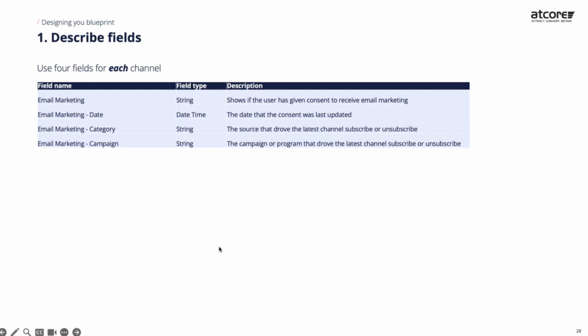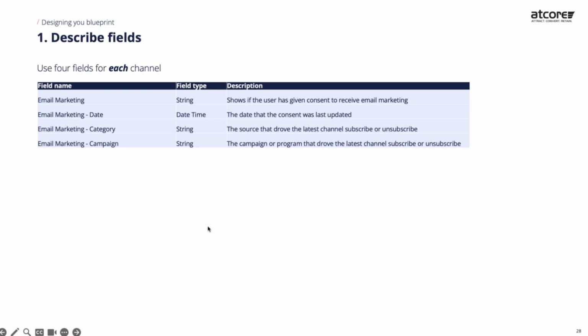The first field, email marketing, basically shows if a person has given consent for us to use this specific channel. So you can consider it true, false for now. Then the date: when did the person give their consent? And then category and campaign, which is not so much a legal requirement, but more for attribution, so you can evaluate your marketing activities and see which activities have driven the most consent or subscribers or whatever you want to call it.